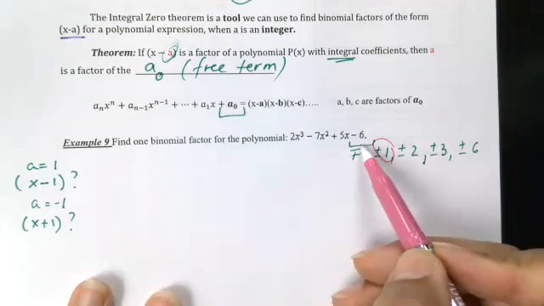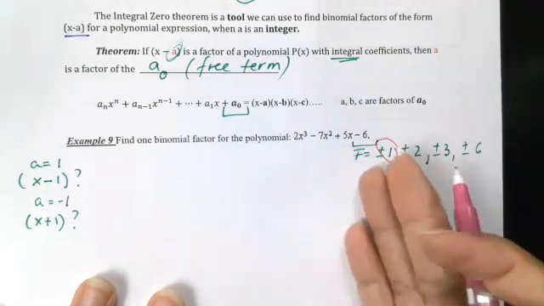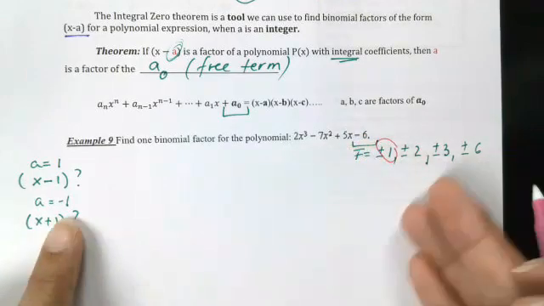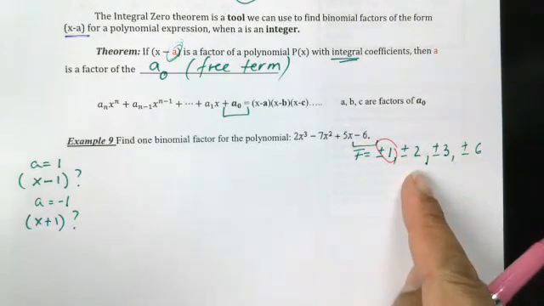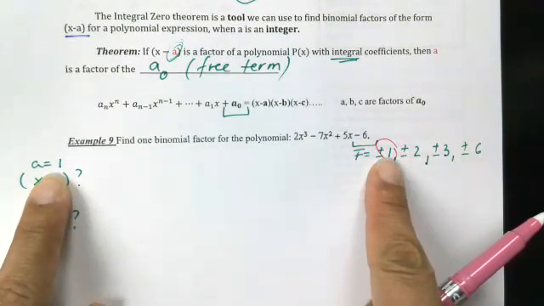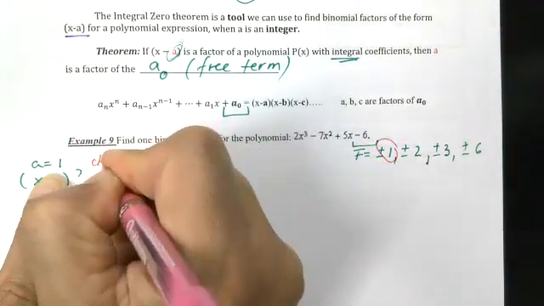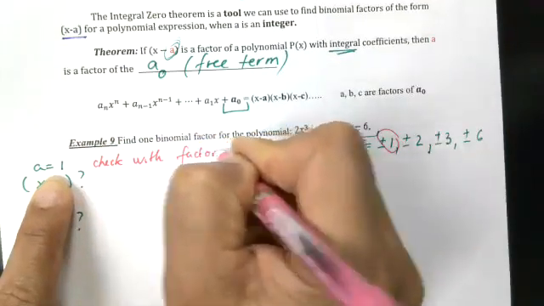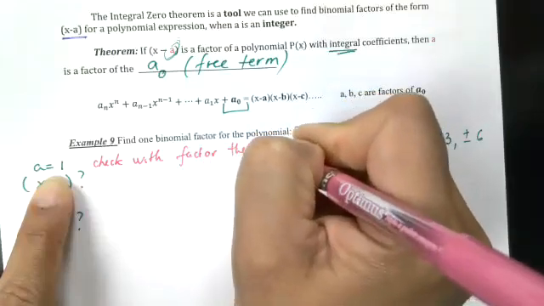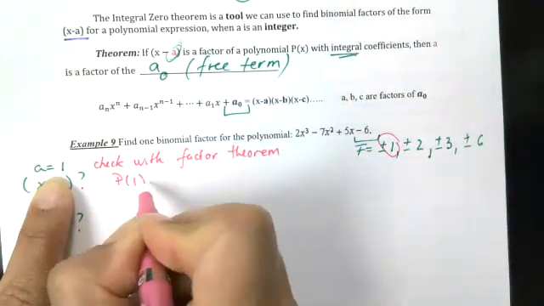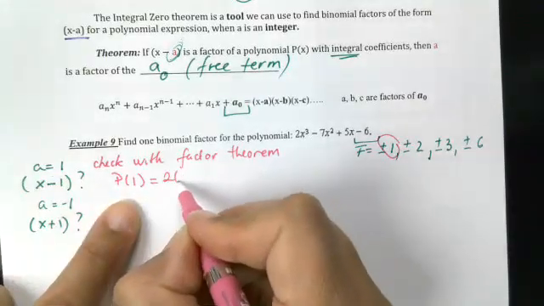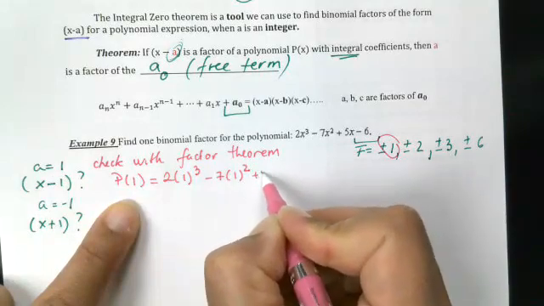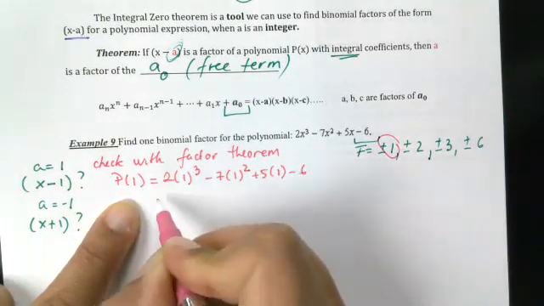So we take the free term, we find some factors. This was a very small number, so I was able to find all of them. I start systematically with the first one, positive 1, and check with the factor theorem, which says P of 1 equals 2 times 1 cubed minus 7 times 1 squared plus 5 times 1 minus 6.